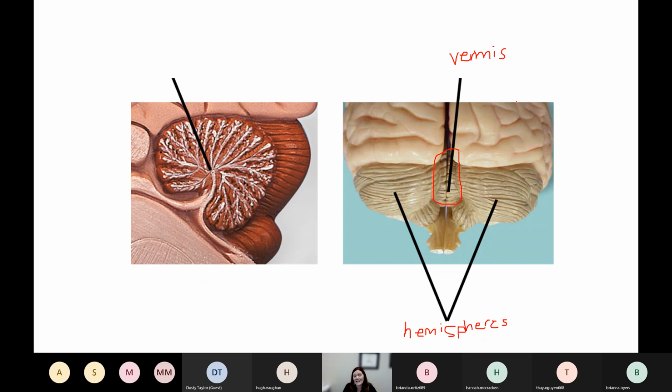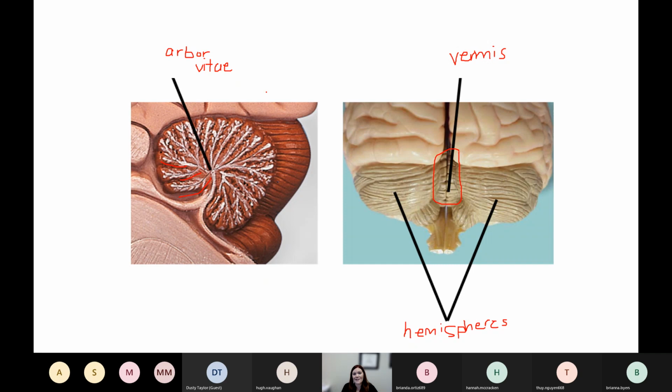If I look inside the cerebellum, I can see this white pattern that kind of looks like a tree. That is called the arbor vitae, the tree of life. In the brain, we have gray matter and white matter, and we'll talk about this more in lecture coming soon. Gray matter and white matter have different amounts of myelin in them.